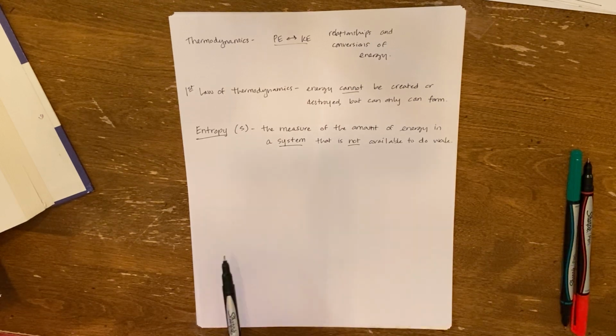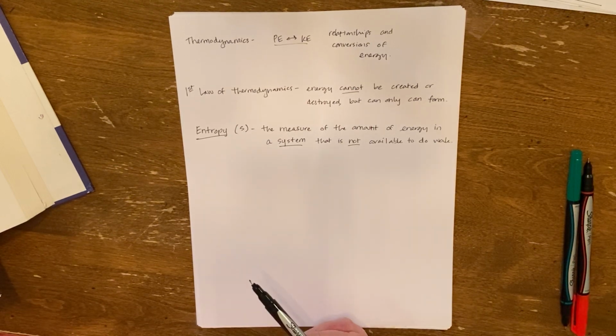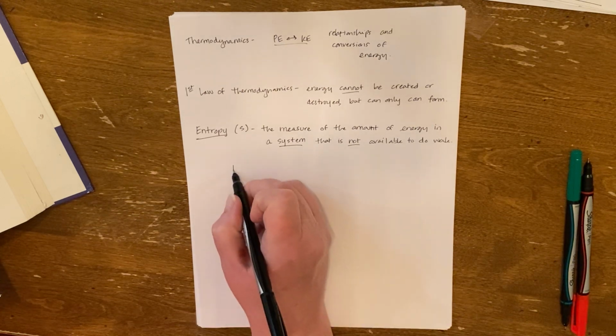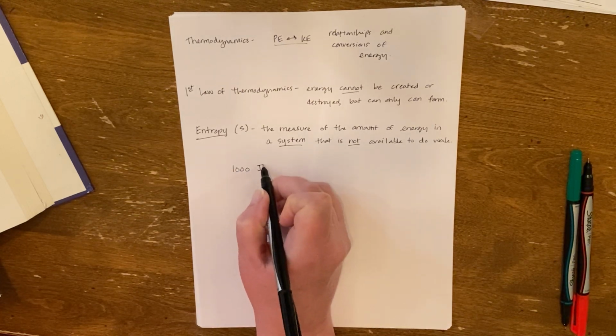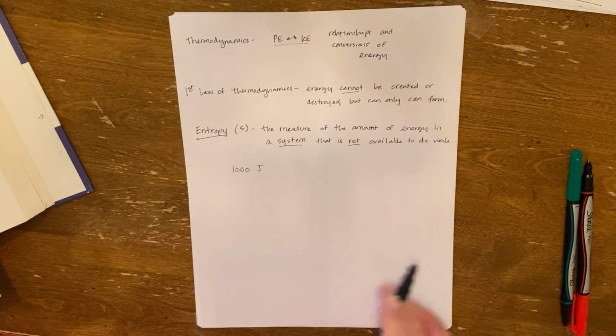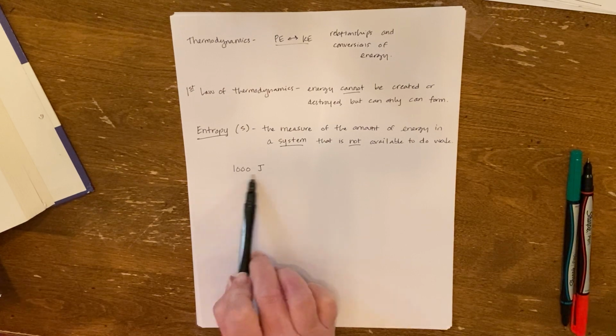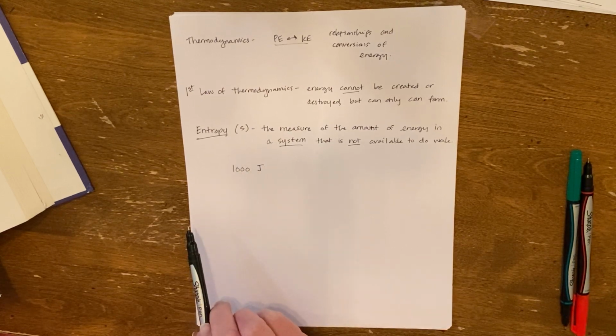So basically what this is trying to say is that some energy in a system can't be captured. The energy is so unorganized that it can't be organized in a fashion to do work. I may have a system that has 1,000 joules of energy in it, but no matter what I do, I can never use all 1,000 joules of this energy to do work.